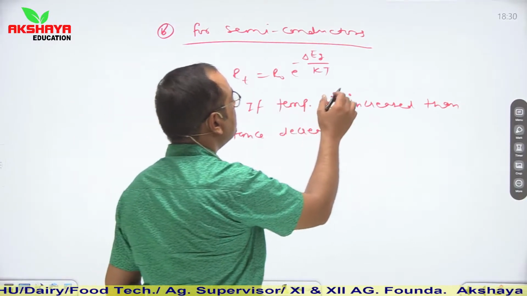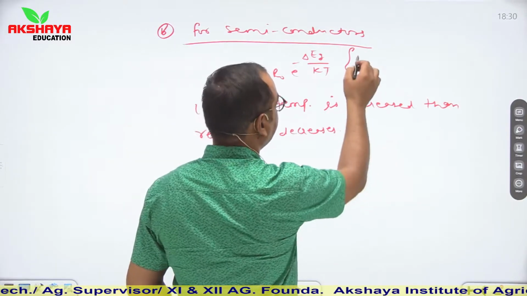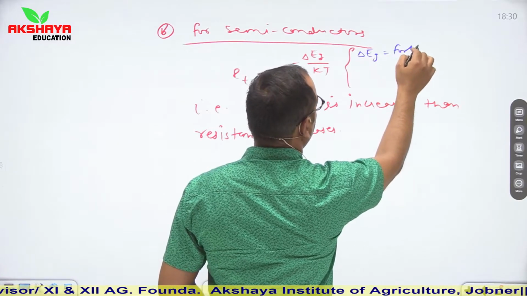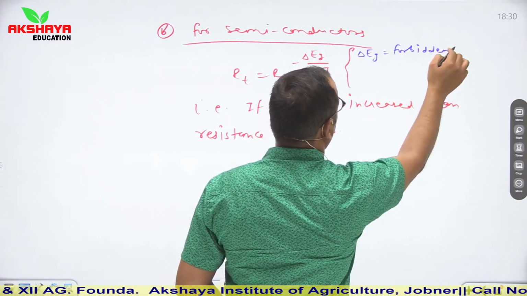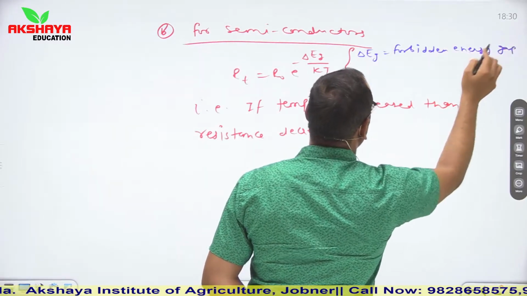Here del Eg is the forbidden energy gap. We will talk about the forbidden energy gap in detail in semiconductors.